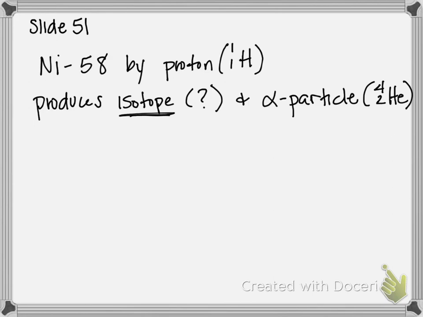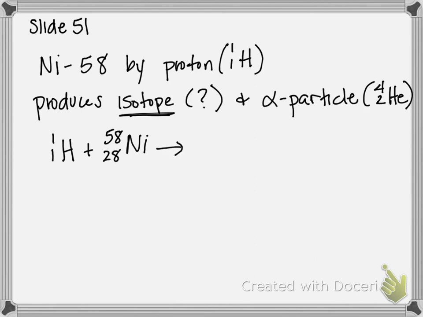So nickel is bombarded by a proton, so we're going to have 1, 1H plus 58 nickel. And then if we look at our periodic table, nickel's atomic number is 28.